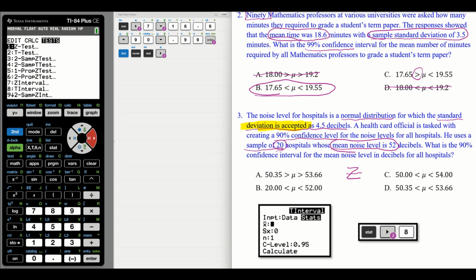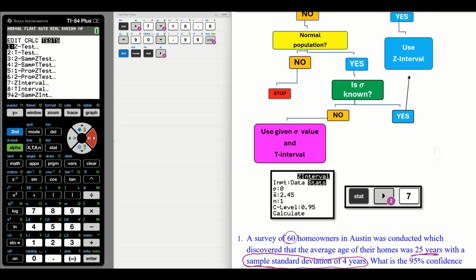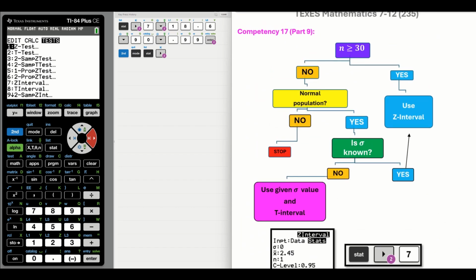So let's try that. Okay, I know that's very confusing. Actually, let's just go back up and look at it real quick. What are we saying? We're saying, okay, the answer is no, but we are normal. That's a thumbs up. So we can keep going to yes, and then is it known? Yeah, we're going to go ahead. We have it. We know it.